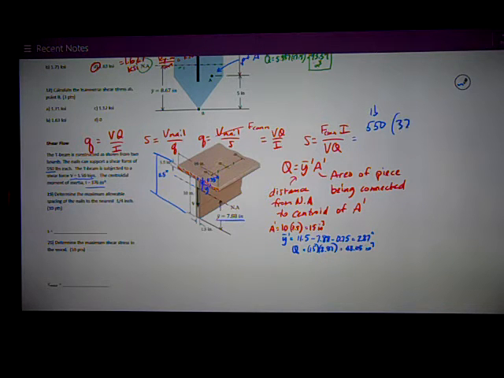I is 376 inches to the fourth. V is the total shear force on the beam, 1.5 kips. But for consistency, let's just call it 1,500 pounds. So I got pounds on the top and pounds on the bottom. And then Q is that number I just calculated, 43.05.